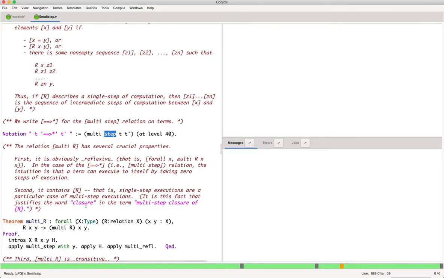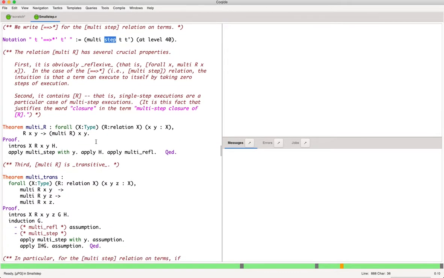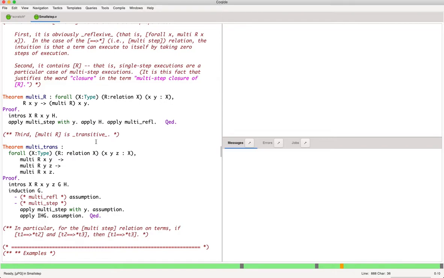Now the nice thing about this multi thing is we can prove properties about it in general for arbitrary relations. So some obvious ones that hold are if we can make one step between x and y using R, then obviously we can make 0 or more steps from x to y, because 1 fits into the definition of 0 or more steps.